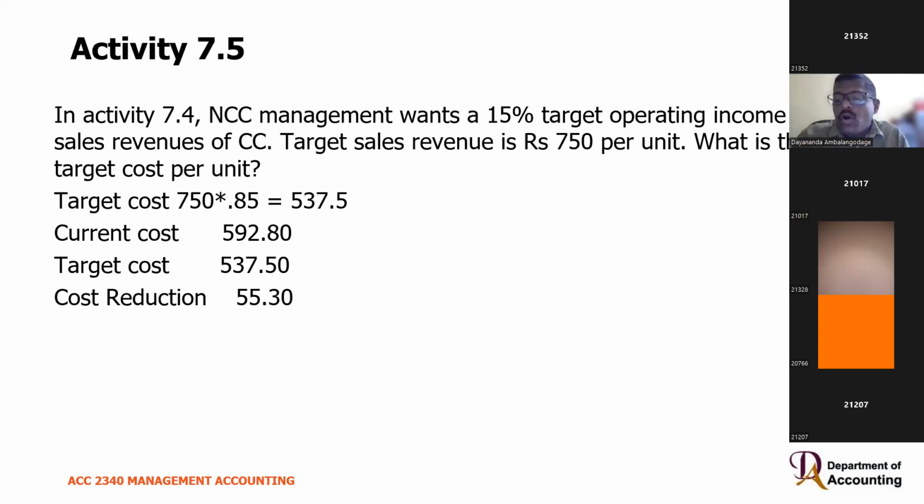Which cost is more, so which cost do we need to focus on more? Which cost do we need to focus on less? What are the material, significant cost elements? What are the less significant elements? Likewise, cost reduction techniques, cost management techniques and strategic cost management techniques will be helpful, with teamwork, to reduce this 55.30 and reach the target cost of 530.5.